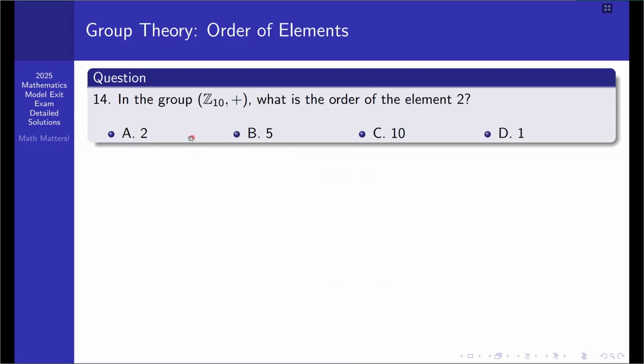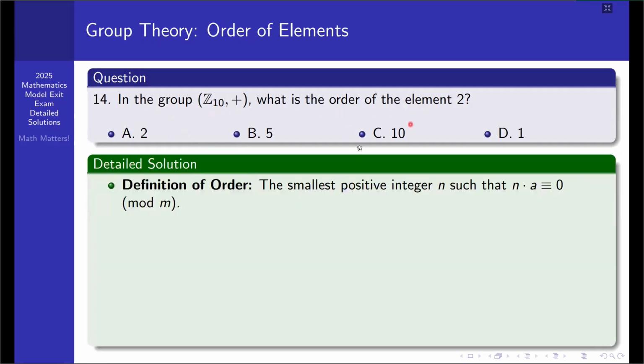Question number 14. In the group Z10 under addition, what is the order of the element 2? In order to see this, let us see the definition of order.